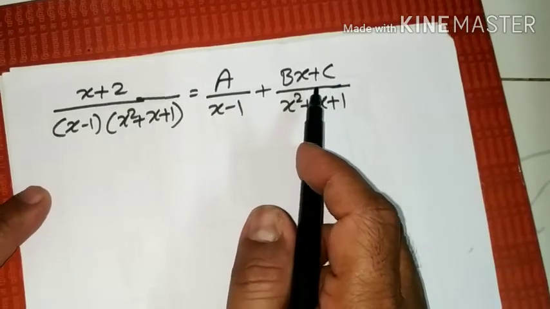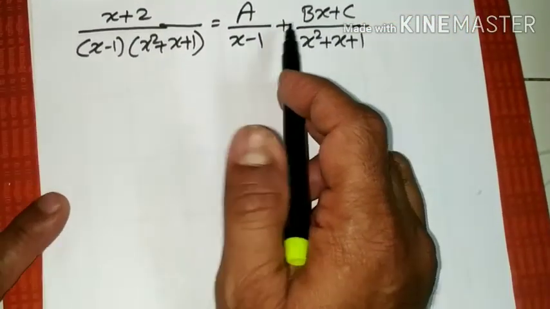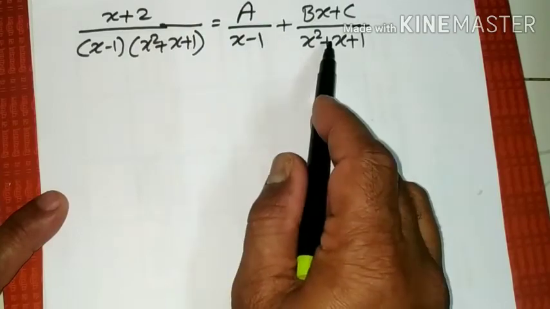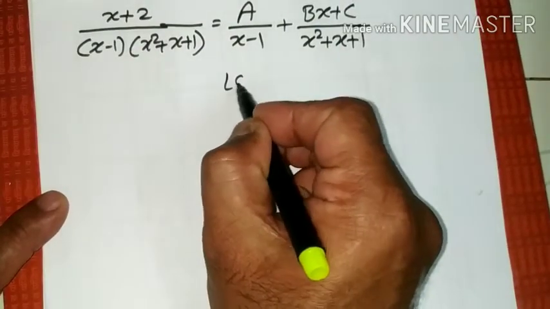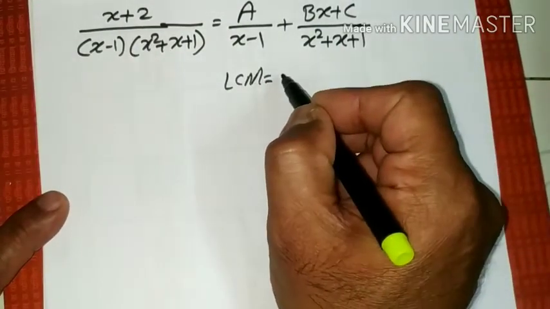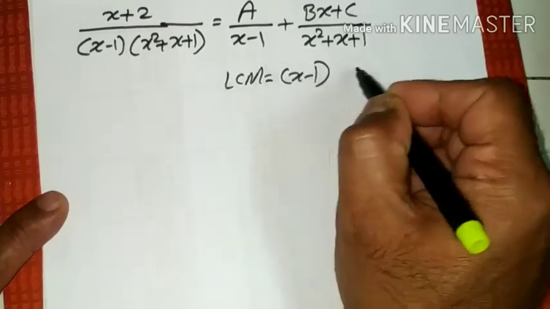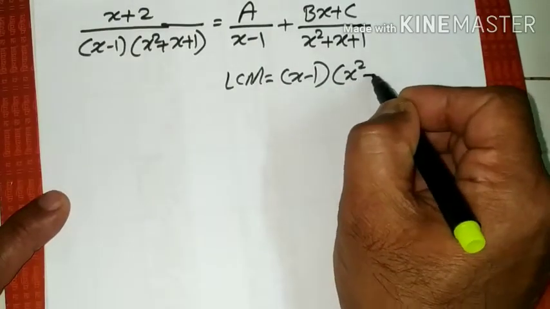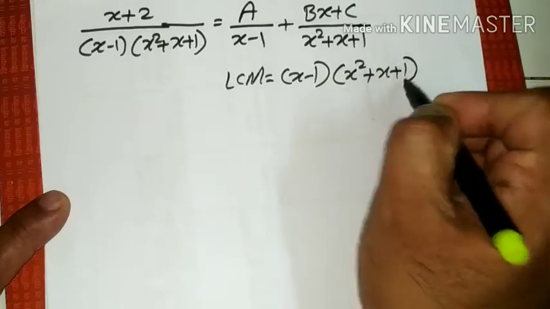The LCM of the right hand side terms is (x minus 1) into (x square plus x plus 1).